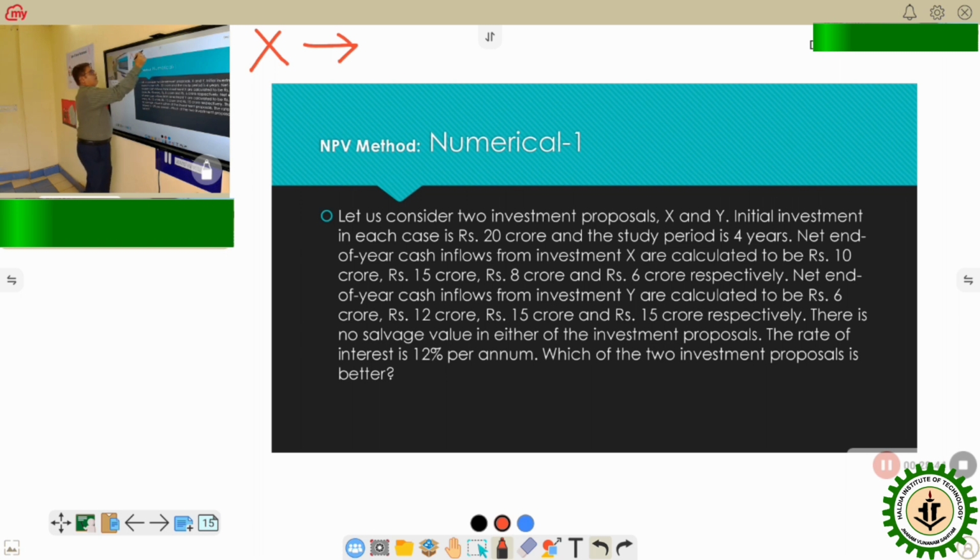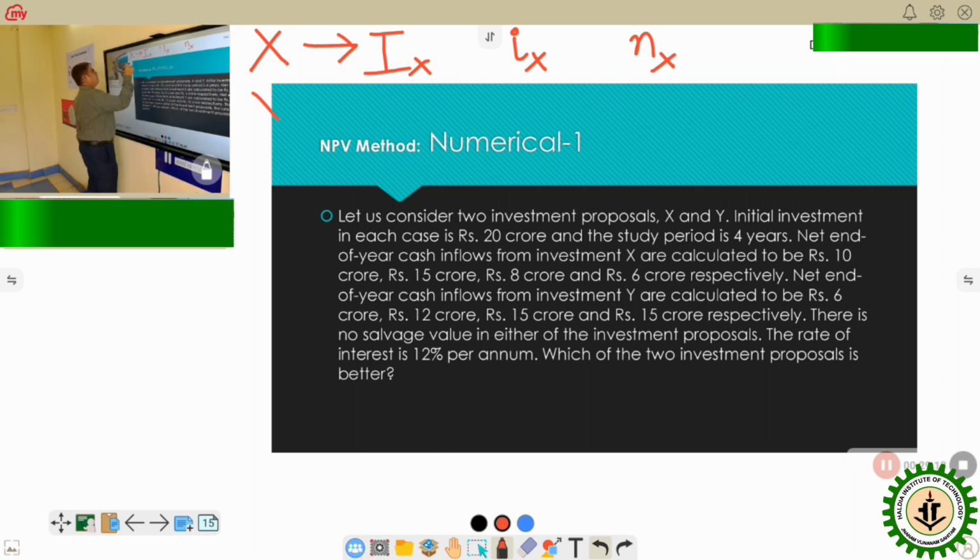Suppose the investment of project X be IX. The rate, that is interest rate, I am using small i suffix x, and let us consider the time to be nx.